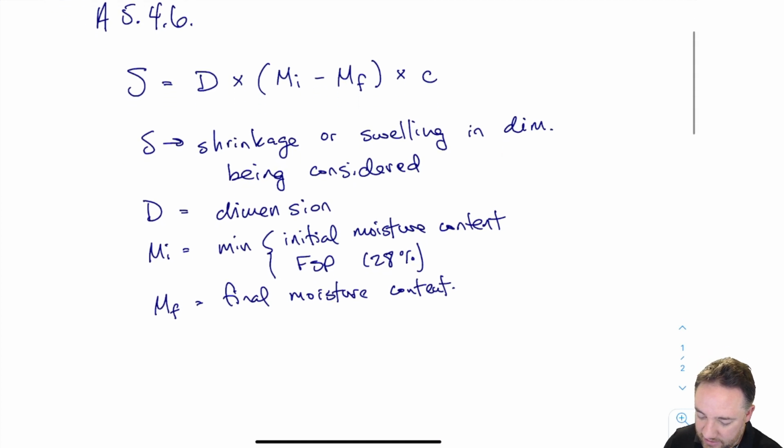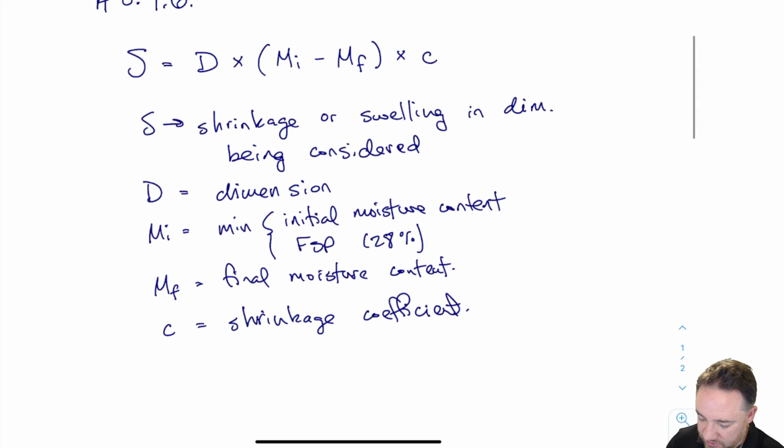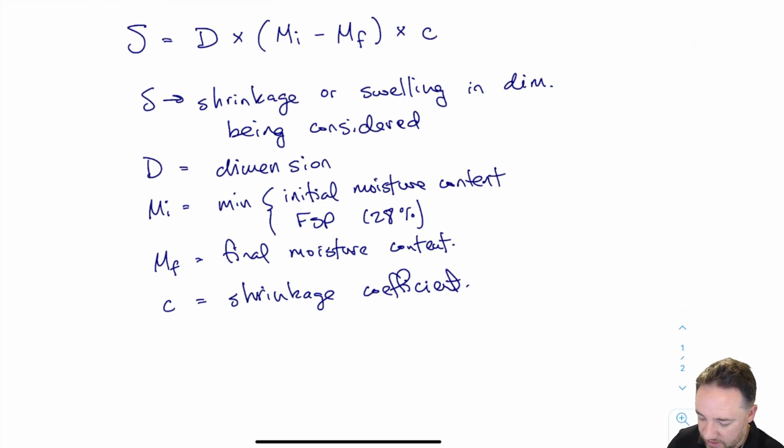Okay, and then the most important part of this, which is how do we know how much it shrinks or swells? We use this shrinkage coefficient, C, and that is equal to a different value depending on whether we're talking about perpendicular to grain or parallel to grain. So they give some categories for lumber, and it says in the standard, if you're using a different kind of wood product, then you'll have to look up either from manufacturer standards or some other way what would be the actual shrinkage coefficient for that product.